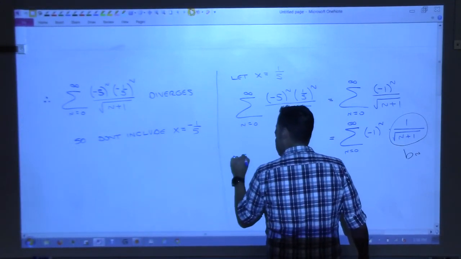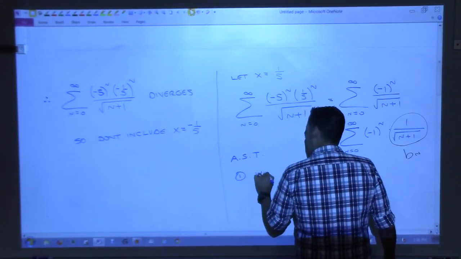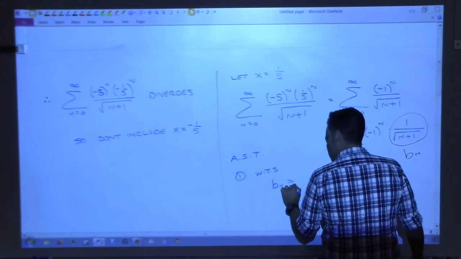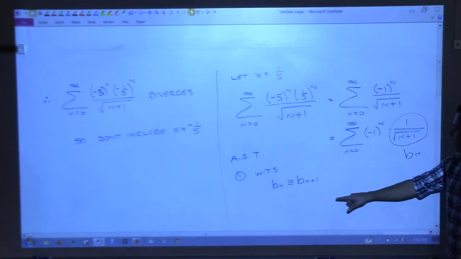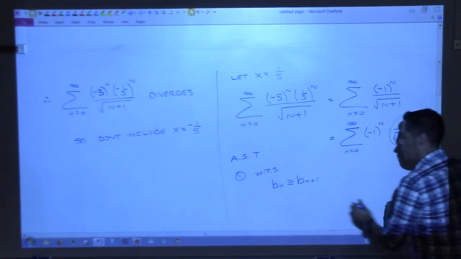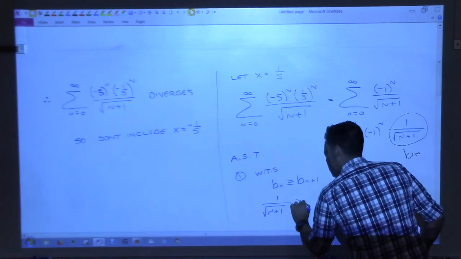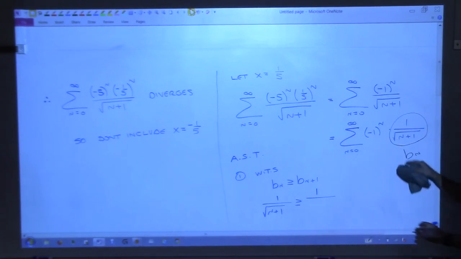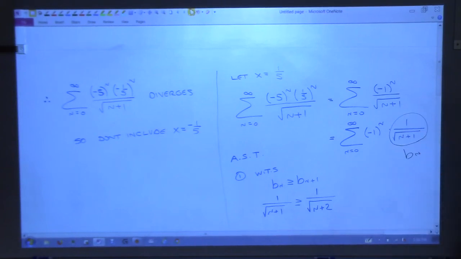Alternating series test. First part, want to show that B sub n is greater than or equal to B sub n plus 1. So this would show that it's decreasing. So we take this, and we want to show that it's bigger than this with n plus 1 plugged in here, which would make that n plus 2, right? Is that true?